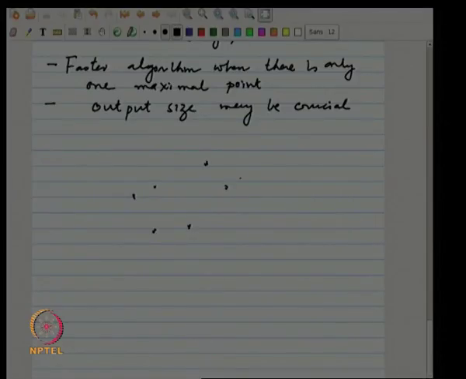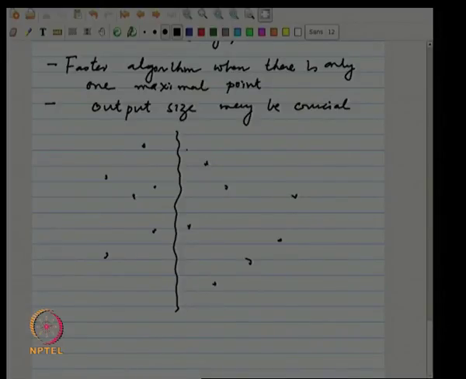In other words, when we have these points, suppose this is my median line, I want to find out, to the right of this median line, what is the maximum y coordinate?